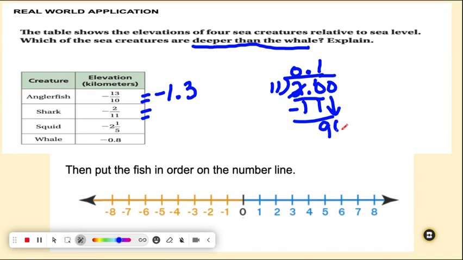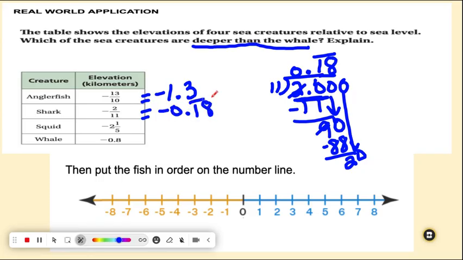Bring down the 0. How many times can 11 go into 90? 8 times. 8 times 11 is 88. Subtract 2, bring down a 0. So see how we started off with a 20 up here? I have another 20 here, so this is going to keep repeating the 1 and the 8. So the shark is at negative 0.18 repeated.